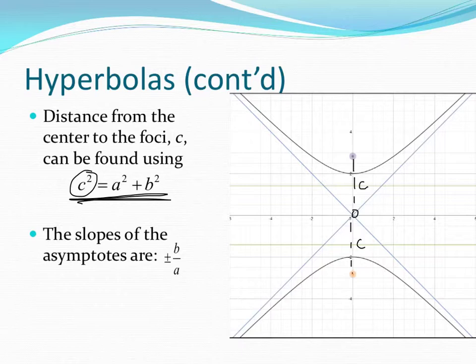Also note that the slopes of the two asymptotes are going to be positive and negative b divided by a. That's rise over run. So run a units and rise b units, and that goes both directions, hence the positive and negative slopes.